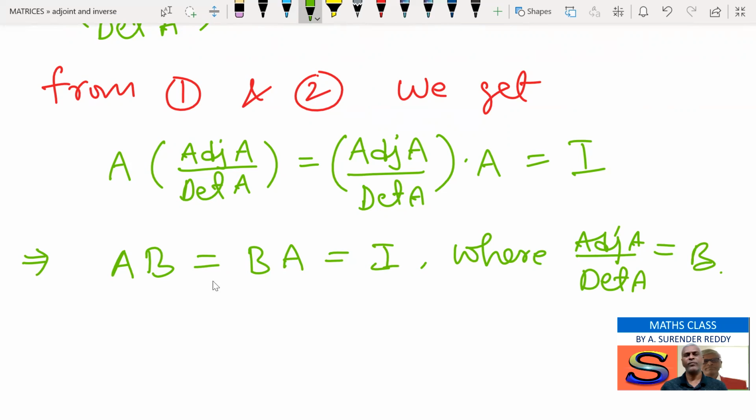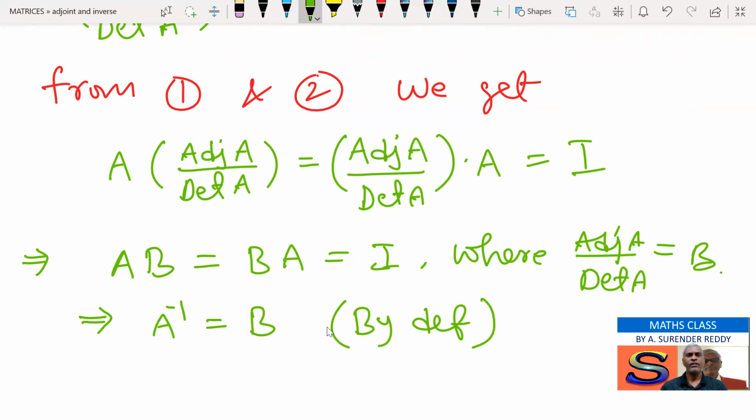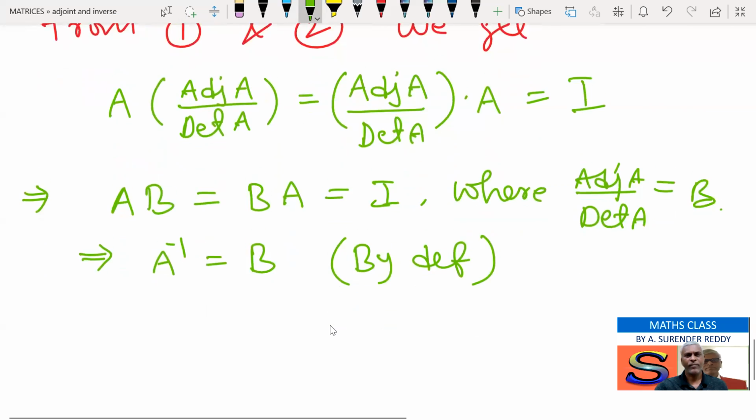If AB is equal to BA is equal to I, then this implies A inverse is equal to B. This is by definition of inverse matrix.